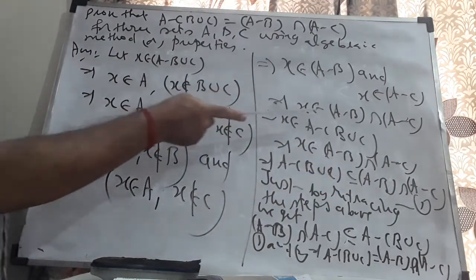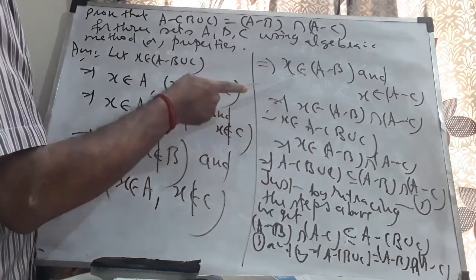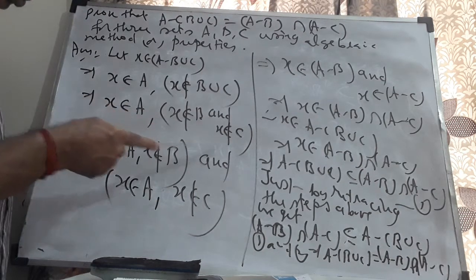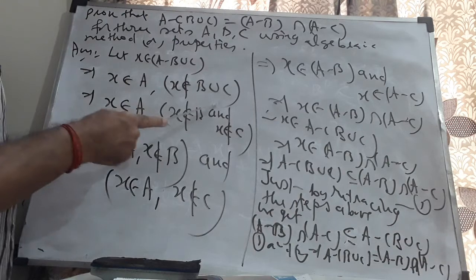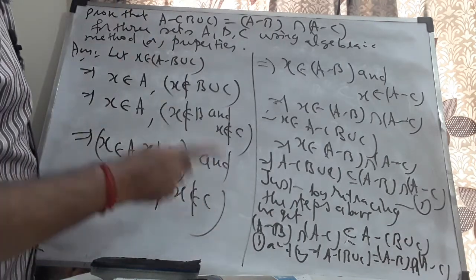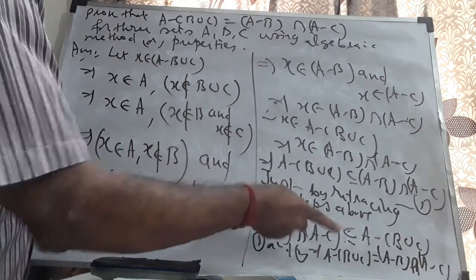Just by retracing the steps, that is X element of this implies X element of A minus B and A minus C. X element of A, X not in B, and X element of A, X not in C can be written as X element of A, X not in B and X not in C, X not in B union C, X element of A minus B union C. Retracing the steps will give you RHS subset of LHS.